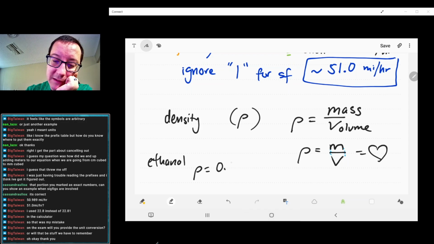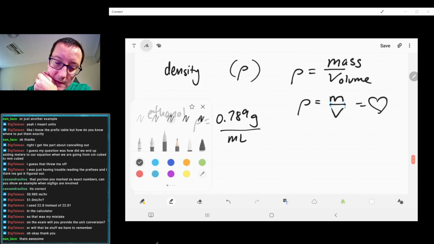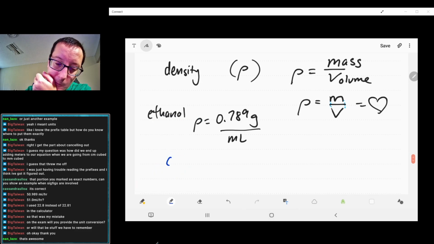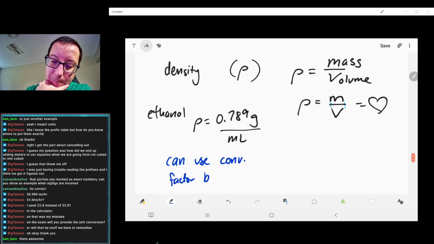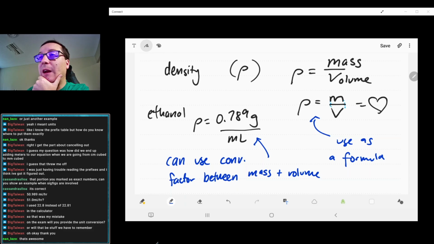Its density is 0.789 grams per milliliter. And so we can use this between mass and volume. Or we can use it as a formula. And we would use then that one. Right. And so that one, thankfully, it's easy to memorize because it's a heart, right?